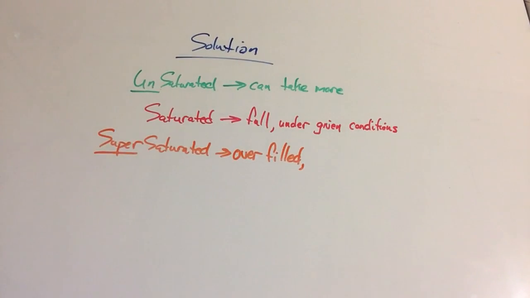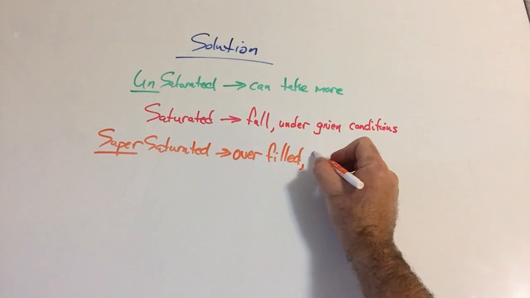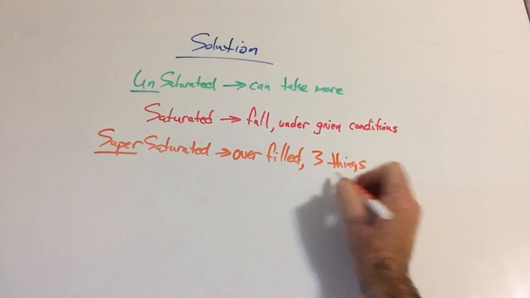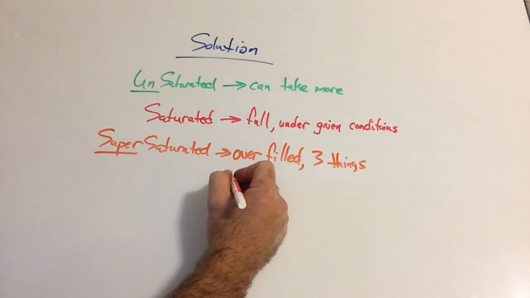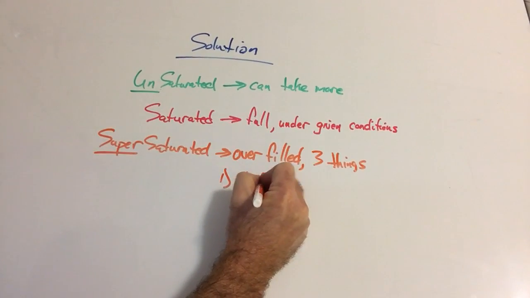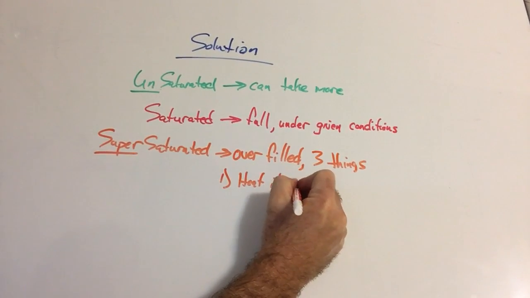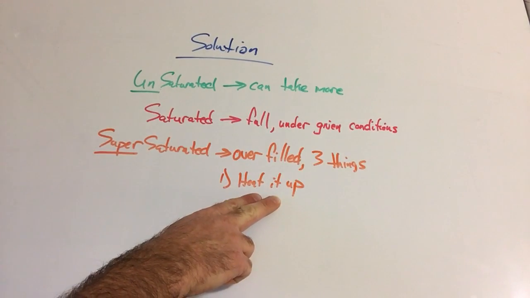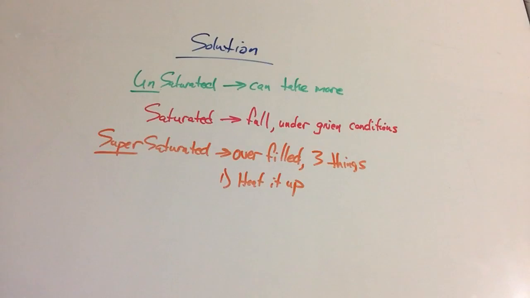And for that to happen, you need 3 things to occur. 1, you have to heat it up. So you have to heat the solvent up. So you'd have to heat the water up. That's the usual one. You'd have to heat the nitrogen up, I guess, if you want to add more oxygen. Whatever you're talking about, you have to first heat it up.